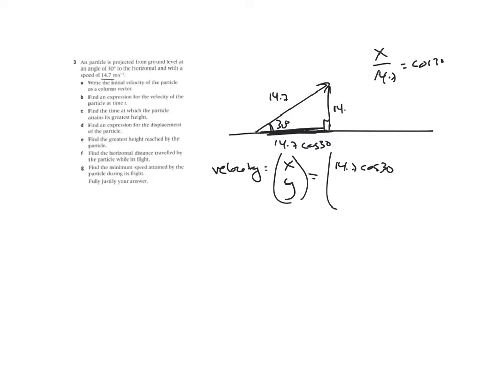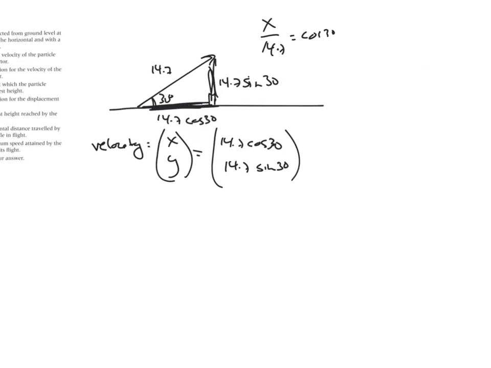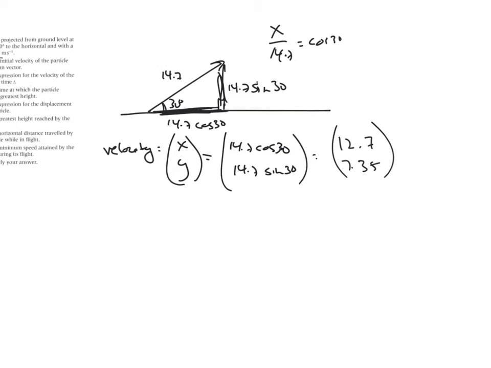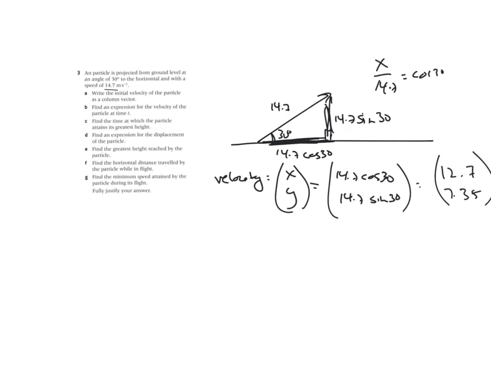Similarly, the y value will be 14.7 sine of 30. So the initial velocity of my particle is 12.7 and 7.35.